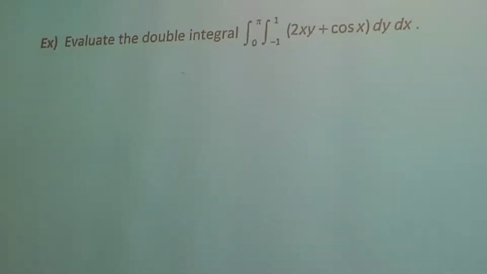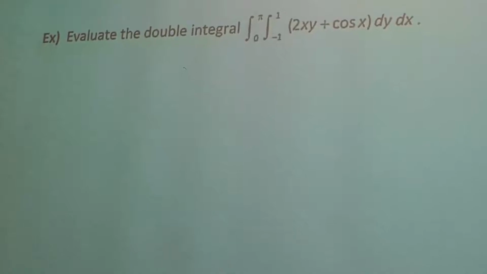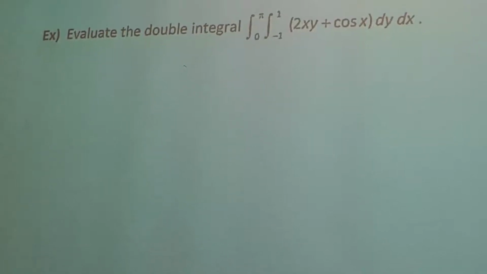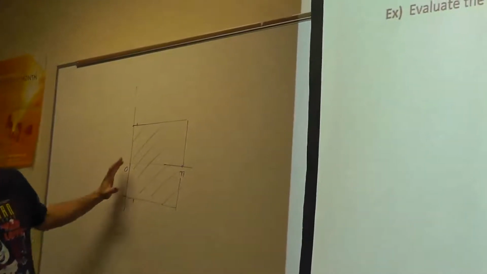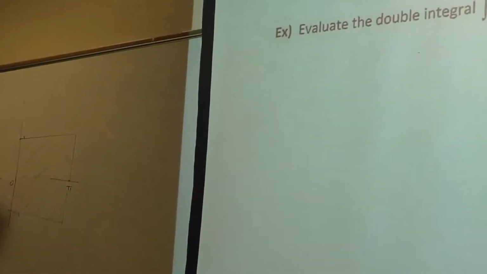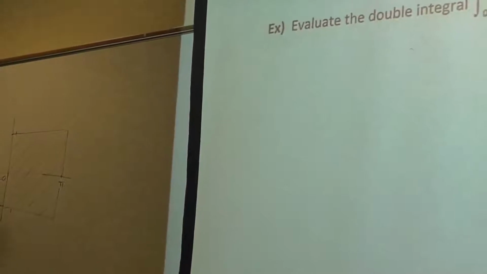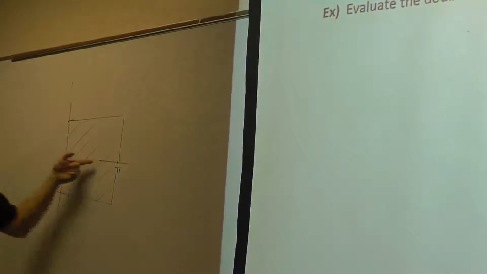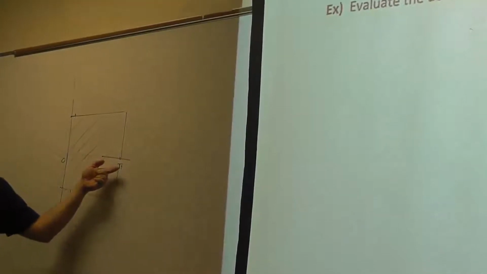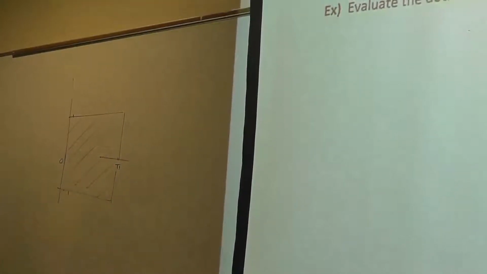What happens to cosine on 0 to pi? It goes from positive 1. If we just look at the cosine term, it's a function only of x. So it goes from positive 1 here at 0, and then goes to 0 when you get to pi over 2 for x, and then it's actually below the xy plane at negative 1 by the time you get to pi. So the cosine term does go negative.